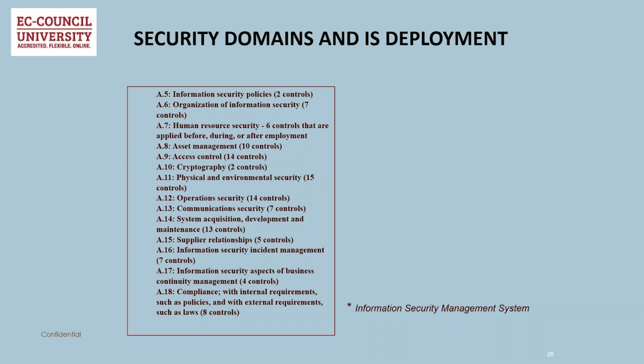So the last section deals with compliance, and there are 8 controls which deal with the regulatory requirements and other mandatory requirements as far as the business is concerned, which could be coming from the client, or it could be coming internally, or it could be through some third party.